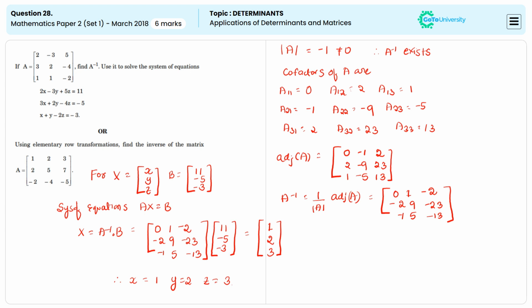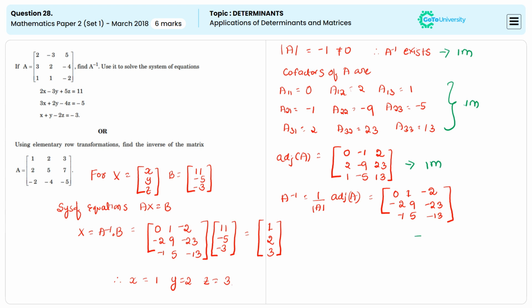Coming to the marking scheme, if you solve the cofactors correctly, you get 1 mark completely for all the correct values, and finding the determinant, you will get 1 mark, and finding the adjoint, you get 1 mark.